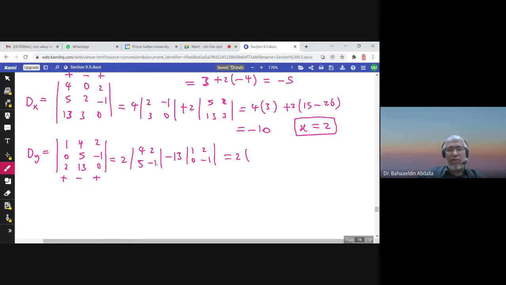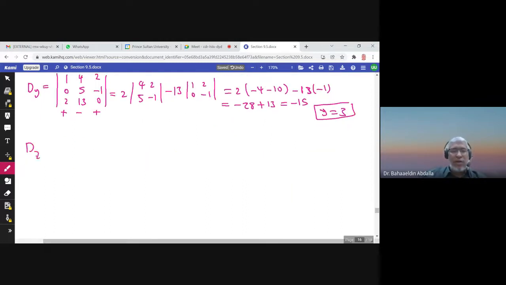So I have 2 times negative 4 minus 10, minus 13 times negative 1 minus 0. This is negative 14 times 2. This is negative 28. And this is positive 13. So the answer is negative 15. And y would be negative 15 over negative 5. So that's 3.